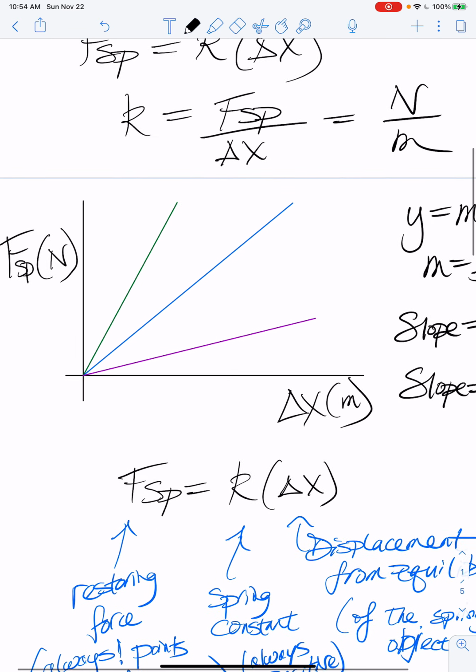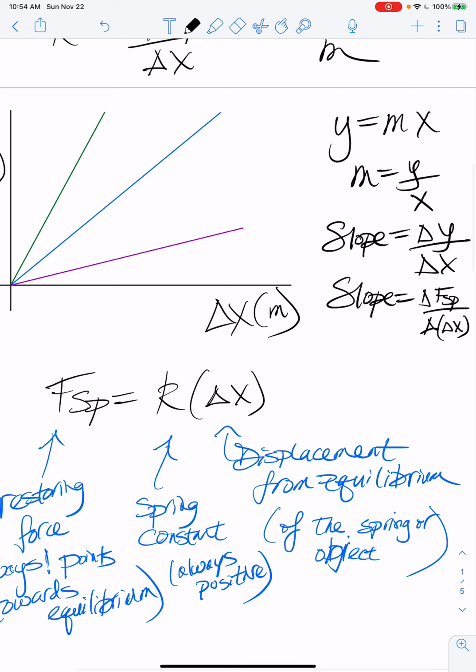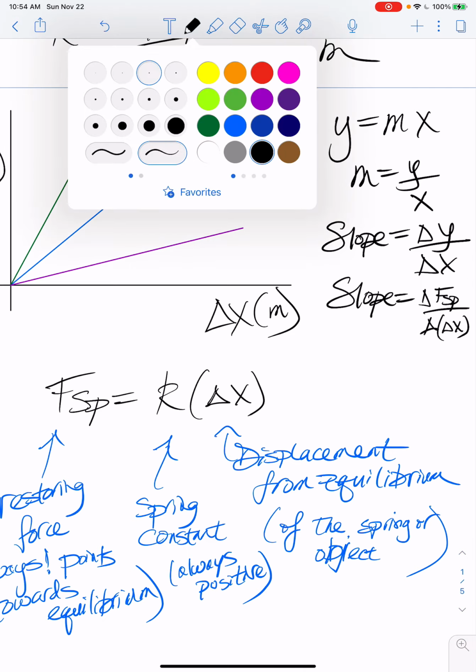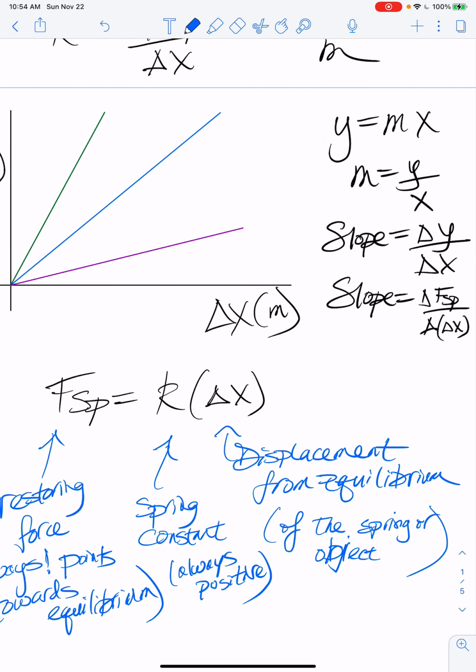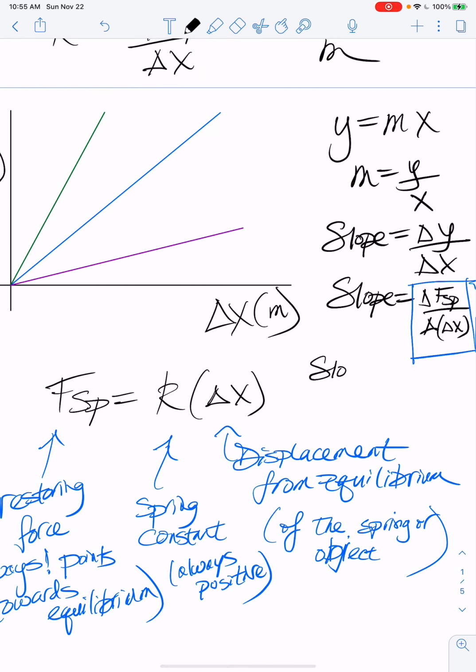But you can see the idea here that if I rewrite this one more time, the slope is going to be equal to force spring over delta x, right? That's kind of what I'm trying to say, more simply.